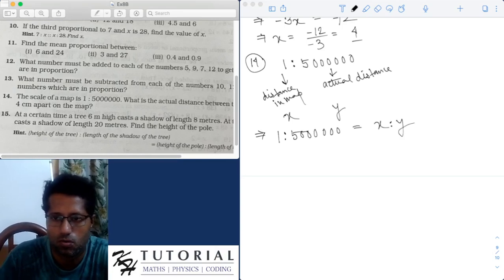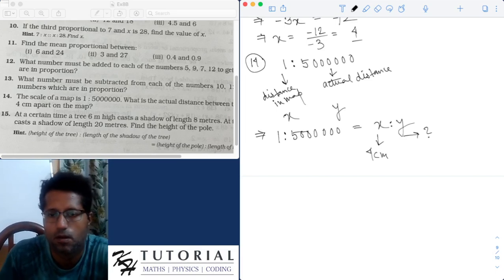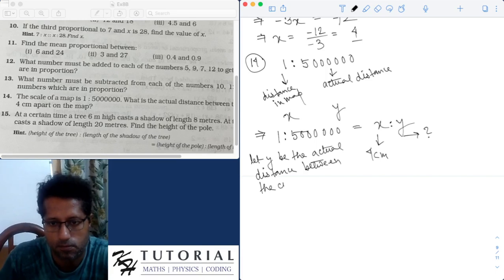So this X is given to be 4 centimeter, and we have to find this. Okay, so let Y be the actual distance between the cities.